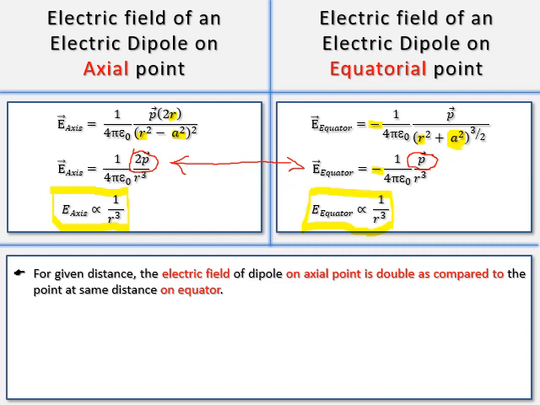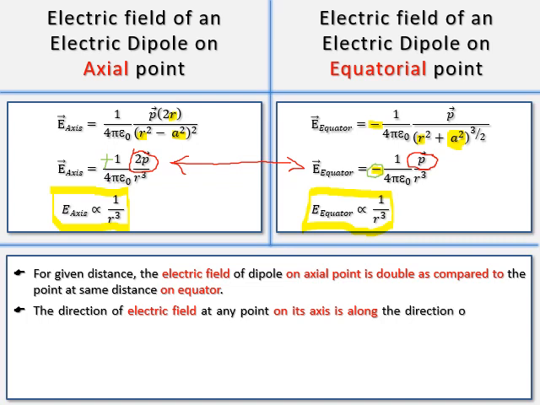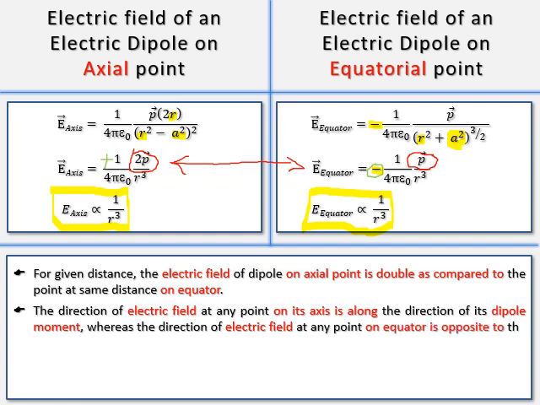On axial point you don't have negative sign, it is plus, whereas in case of equatorial point you have minus. What does it mean? On axial point the direction of electric field is along the direction of dipole moment, whereas at some equatorial point the direction of dipole moment and direction of electric field are opposite. So that is the second difference between the two electric fields.